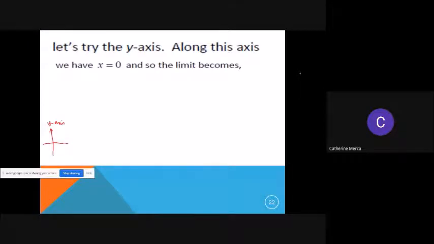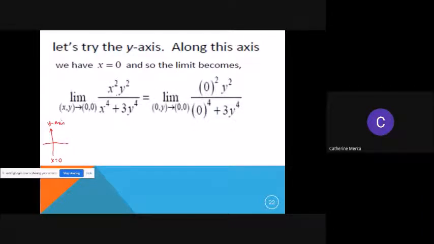Your x will now be equal to 0, since along the y-axis, x is equal to 0. So the limit now becomes what? You have the original problem, the limit of the function x squared y squared over x to the fourth plus 3y to the fourth, where x is 0 and y approaches 0.